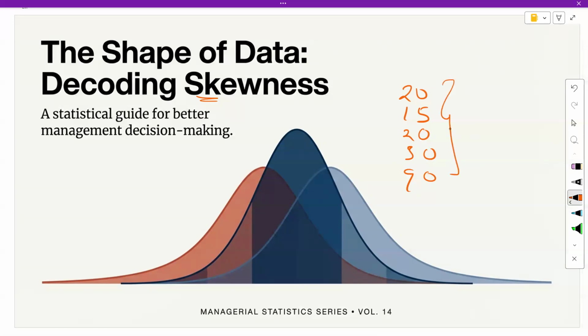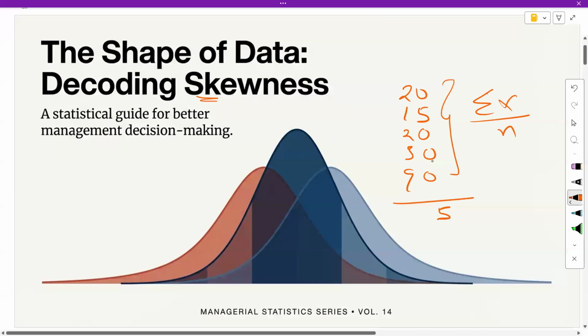Out of these five, what is the average marks? How do you calculate? Sum of x divided by number of observations. Here the sum, altogether 175, and it's to be divided by 5.